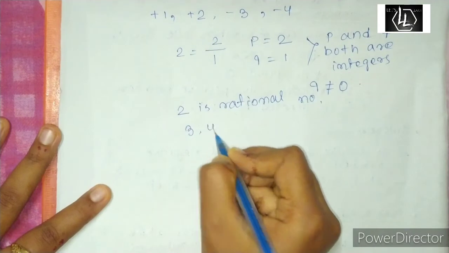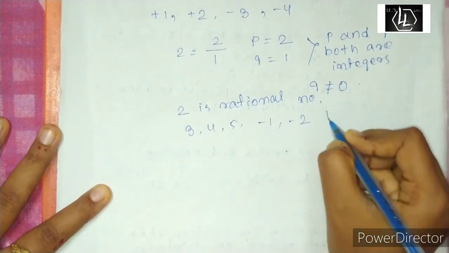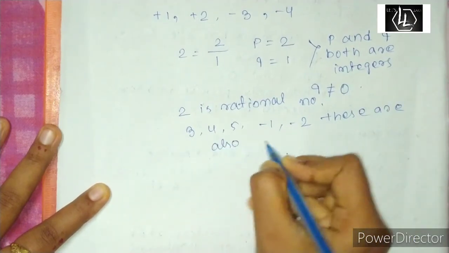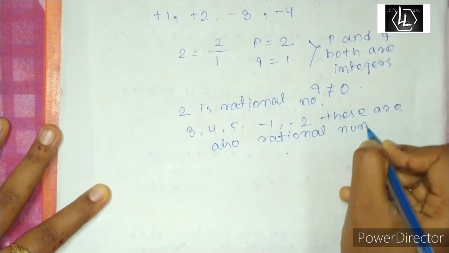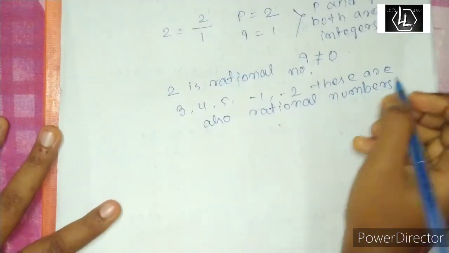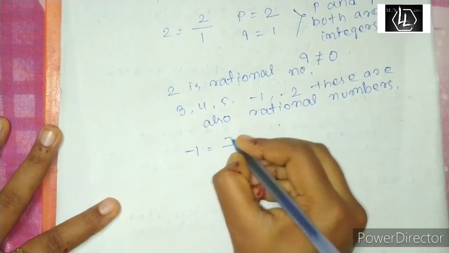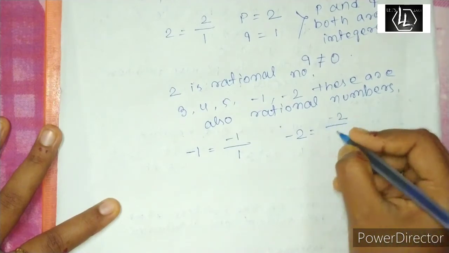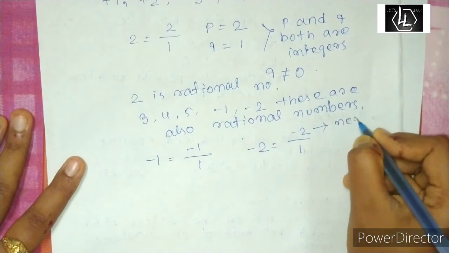Similarly 3, 4, 5, -1, -2, these are also rational numbers. Like -1, we express this as -1 by 1 also, -2 as -2 by 1, as we know it is a negative integer.